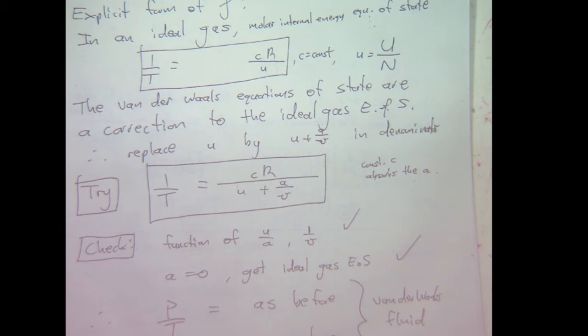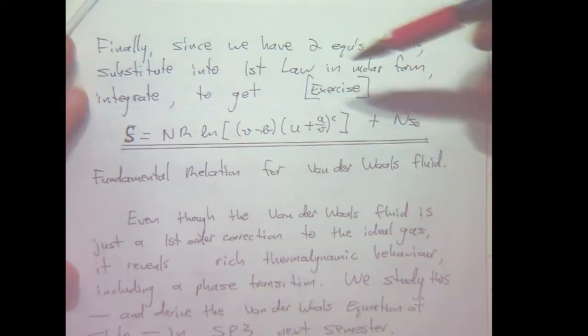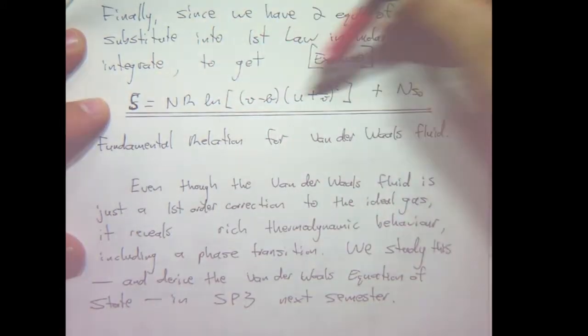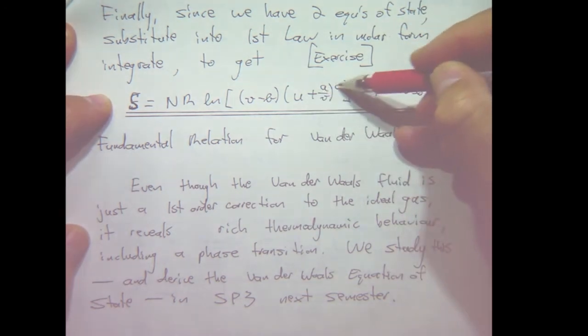But also, if you derive the van der Waals equation properly, in fact, what you can do now that we have two equations of state, you substitute it into the first law, and you would get this entropy function. It's u plus a on v to the power of c.